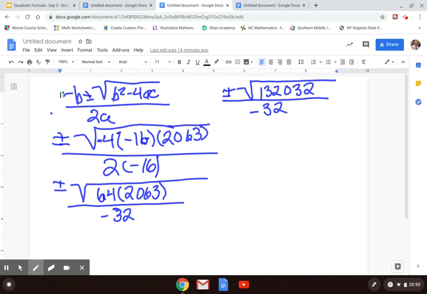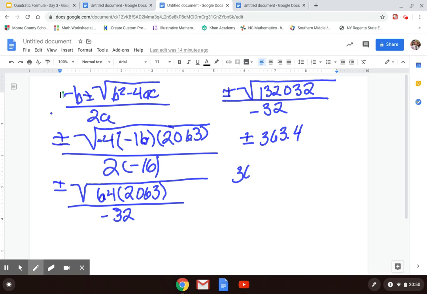So when I find the square root of 132,032, it's going to be plus or minus 363.4, rounded to the tenth.